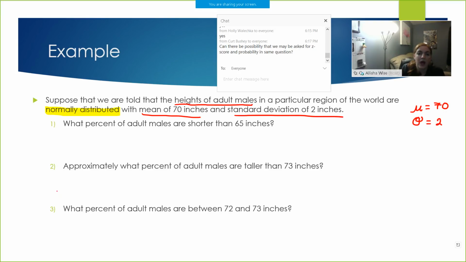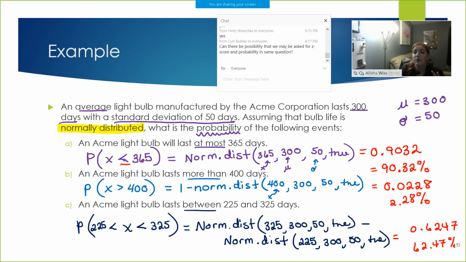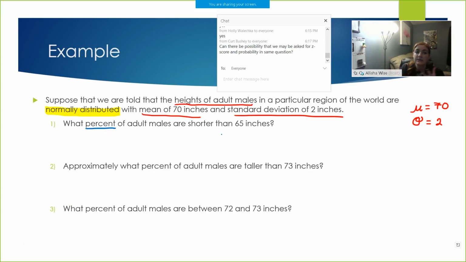Good news. So they want to know what percent. Notice for a second that in this problem they ask for what is the probability, and in this problem they're asking for what is the percent. These ideas are the same. Probability and percent are the same.